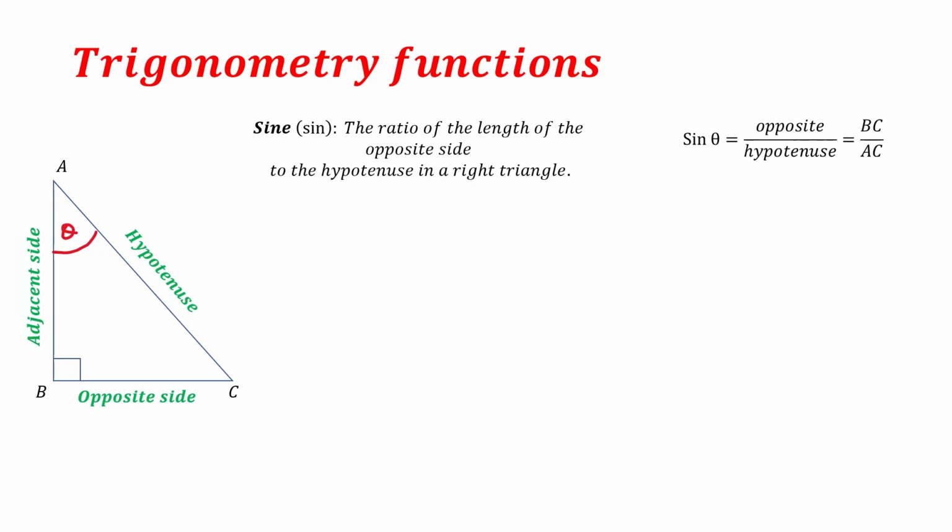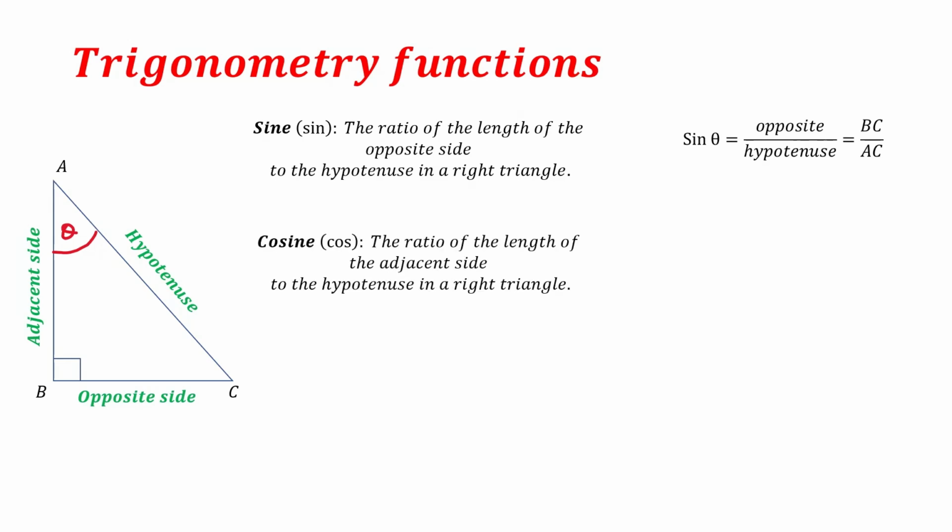The next primary function is cosine. Cosine is the ratio of the length of the adjacent side to the hypotenuse, so AB divided by the hypotenuse. Cosine can be written this way. The next function is the tangent.